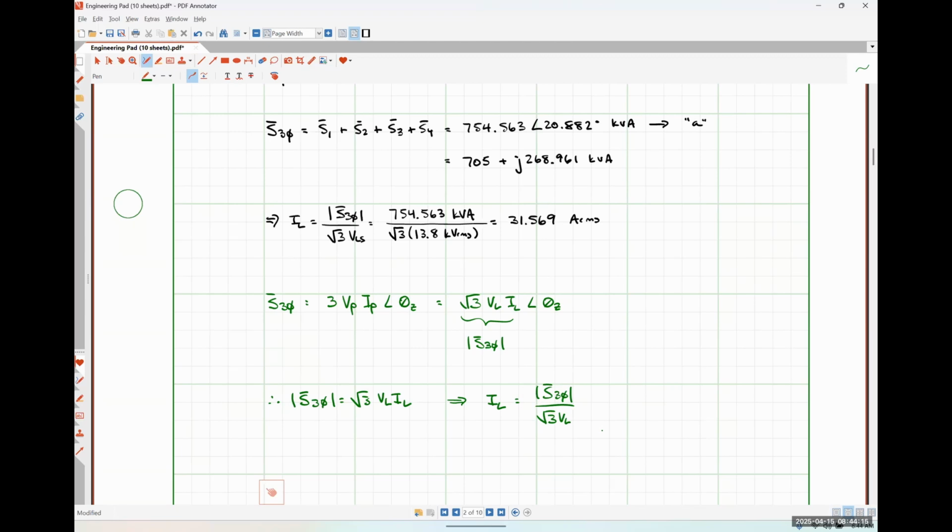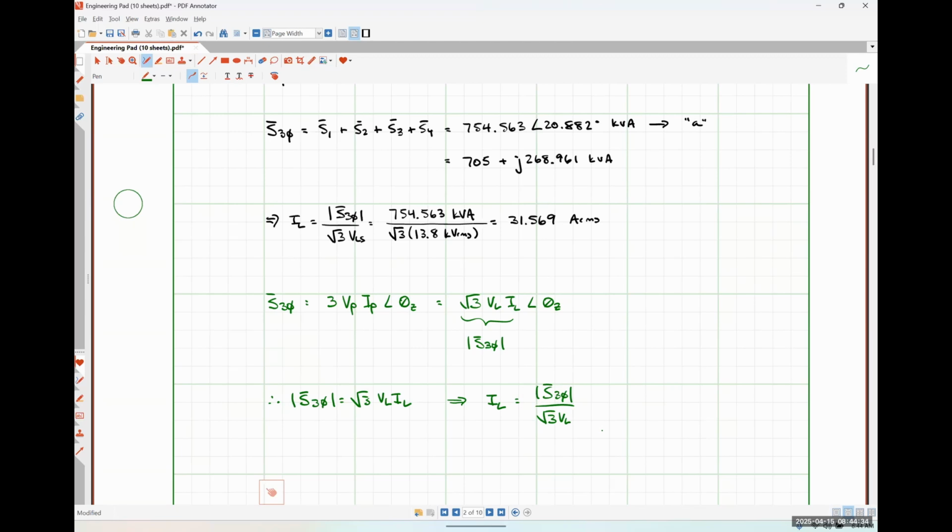And in a delta-connected system, my line currents and phase currents are related to each other by a factor of √3. Again, we derived all of that, I believe, last Thursday. Any other questions or comments about this particular calculation?